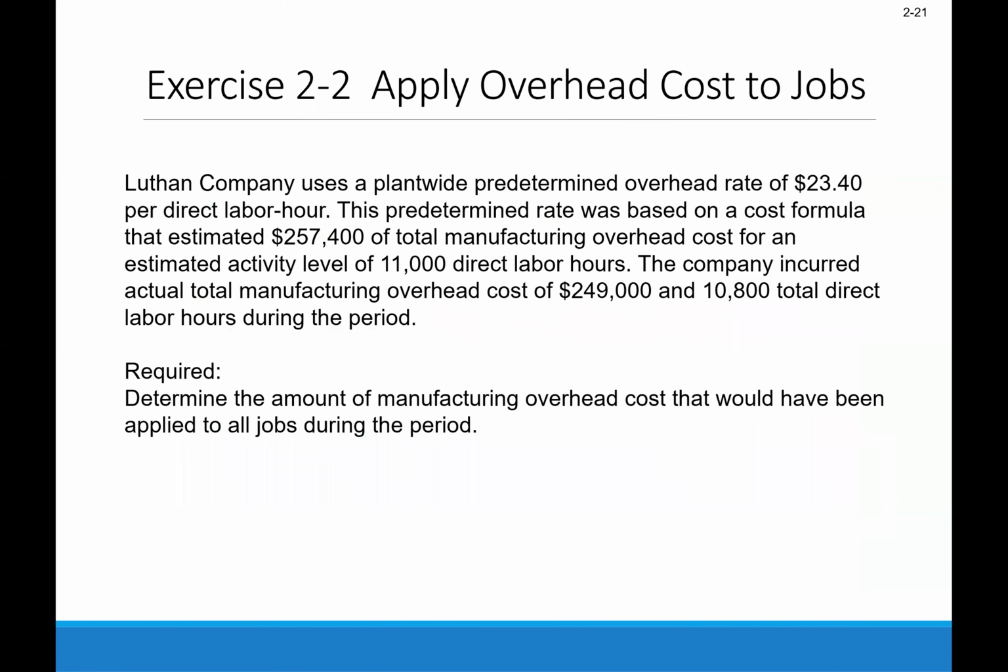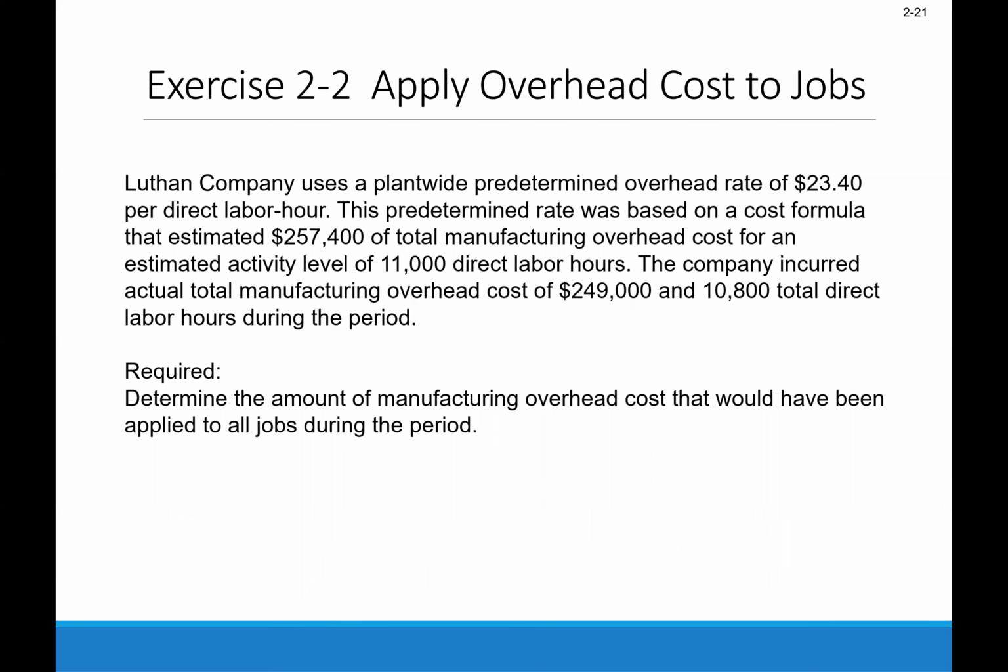Luth & Company uses a plant-wide predetermined overhead rate of $23.40 per direct labor hour. This predetermined rate was based on a cost formula that estimated $257,400 of total manufacturing overhead costs for an estimated activity level of 11,000 direct labor hours.